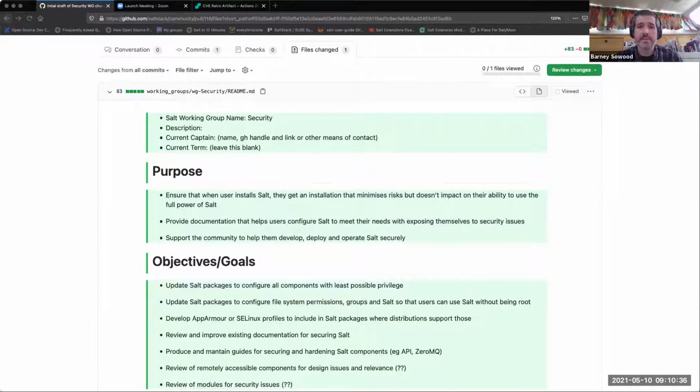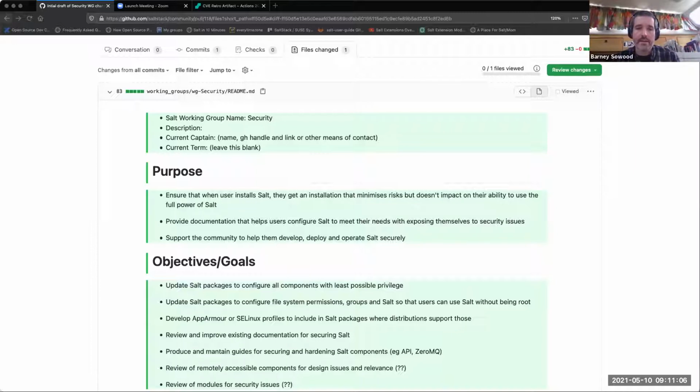So just looking at the purposes, one of the things that I was slightly surprised about when I started using Salt originally was that with a default install of Salt, the master needed to run as root, and to actually run any of the Salt CLI commands, you needed to be root in the default install.